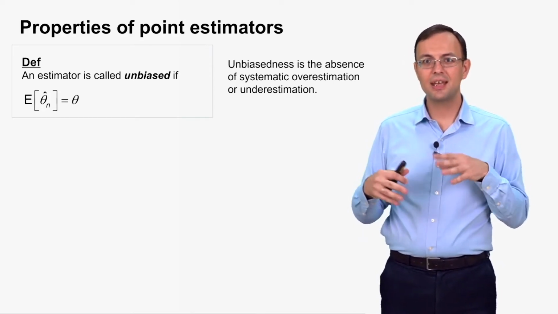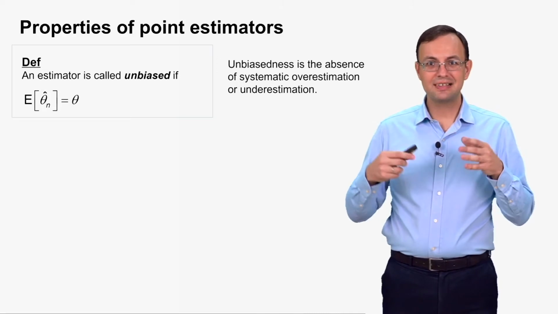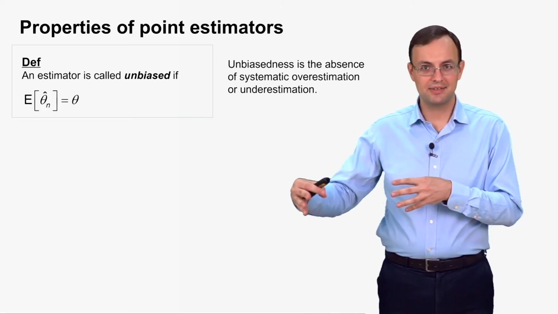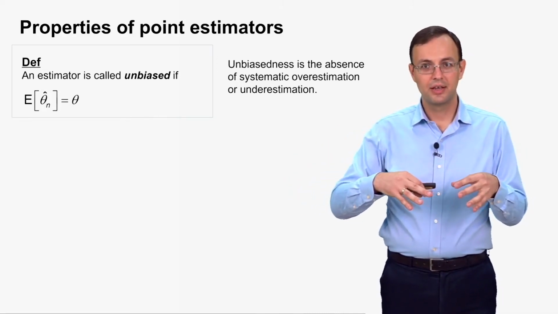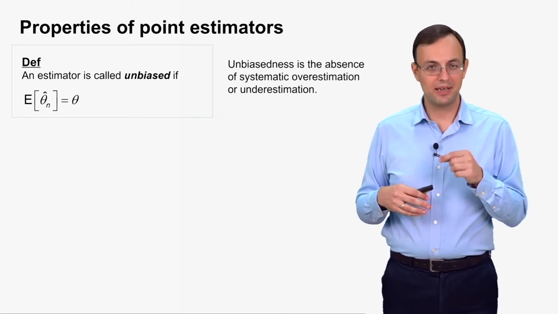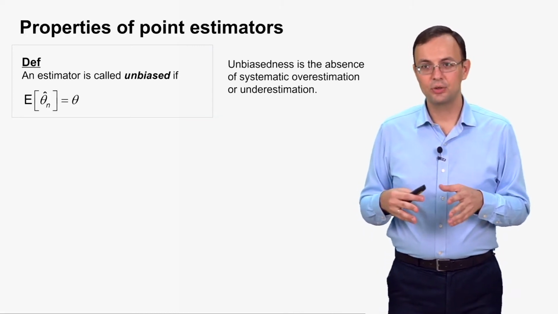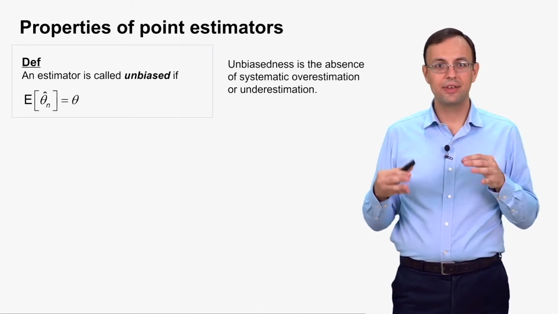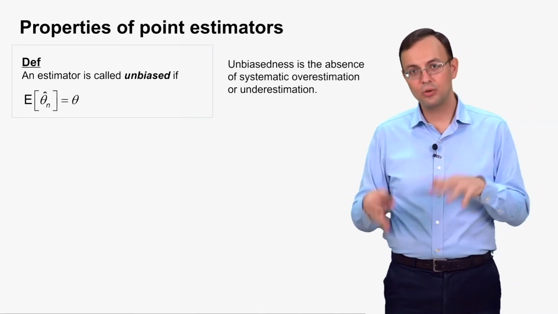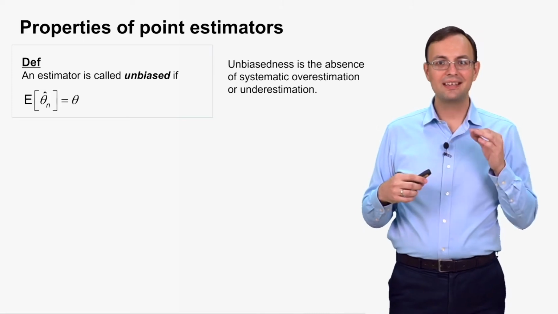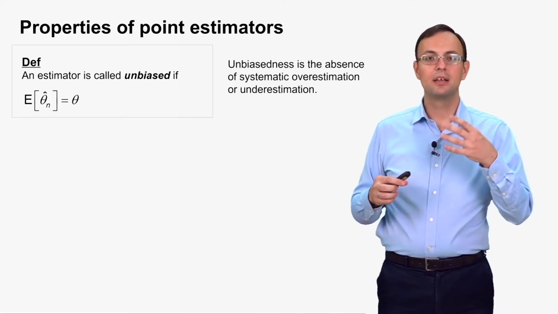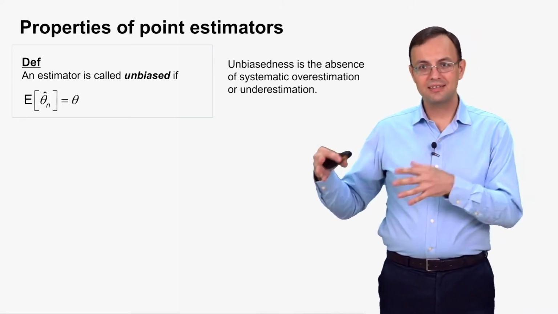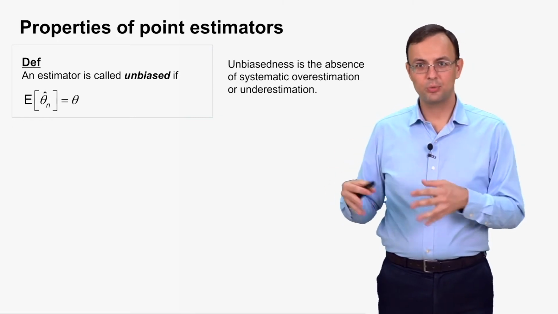This means that this estimator systematically overestimates the parameter. So it is not an unbiased one. And so an unbiased estimator is such that there is no overestimation and no underestimation, so that the average value of an estimator is equal to the parameter we are estimating.